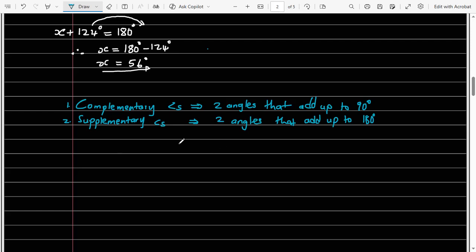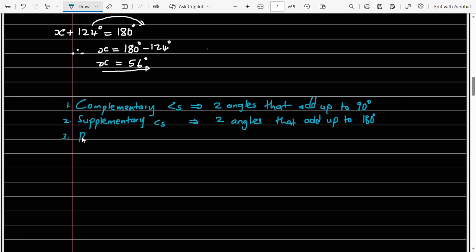So when you have two angles and they add up to 180, just know that we call them supplementary angles. And then the last one, we have lines that intersect at right angles.